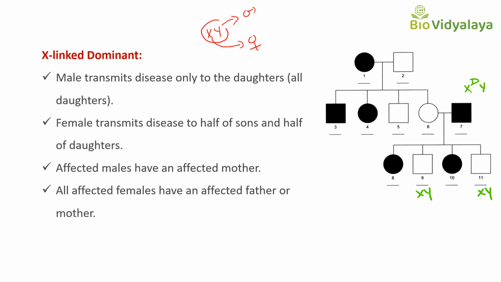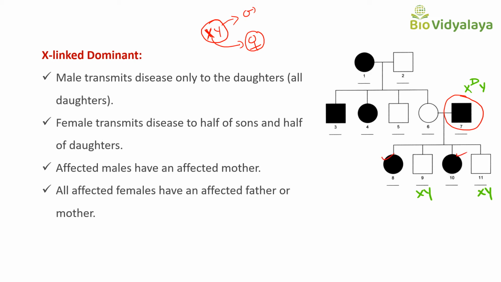So, male transmit disease only to the daughter. Here, trait is associated with X chromosome. So, male transfer his trait only to the daughter. Okay. Here you can see that male is affected, father is affected, and all daughters are also affected.